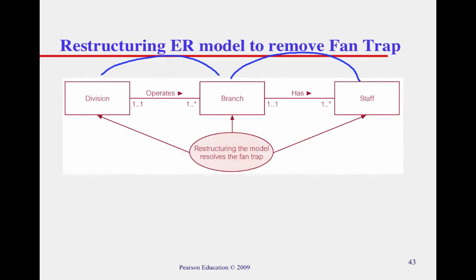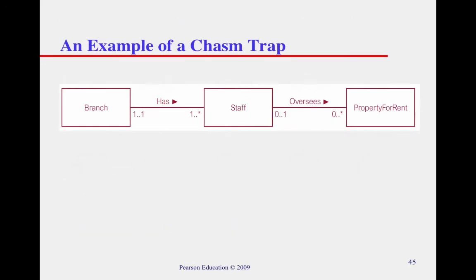Okay. Second problem is a chasm trap. That's where it looks like you have a relationship. So here the arrows go in the same direction, right? They're both going in the correct direction. So it looks like a branch may in fact have some relationship with property for rent.